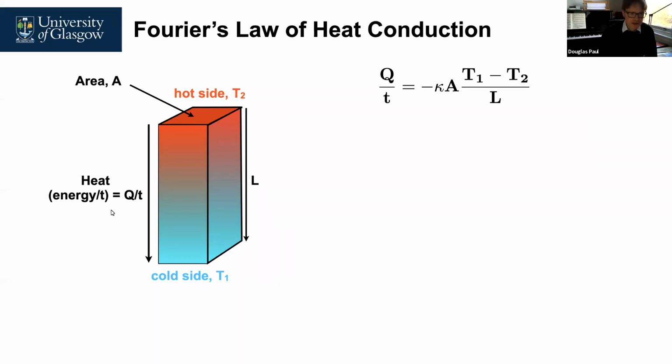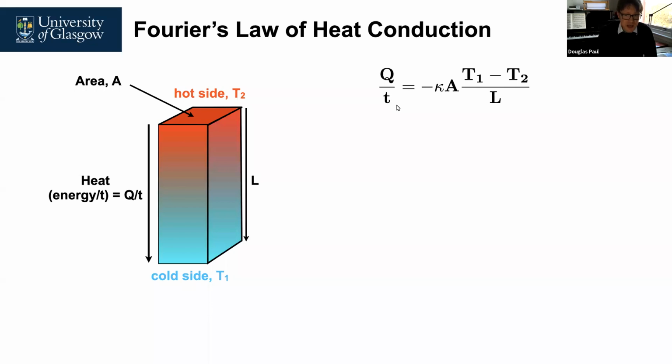Now, in this course, I'm always going to use Q as heat as energy, but Fourier's law really defines heat in terms of power. And what you may see in a lot of textbooks or some other lecture courses is that frequently Q is intermixed, and sometimes it's used as energy, sometimes it's used as power.